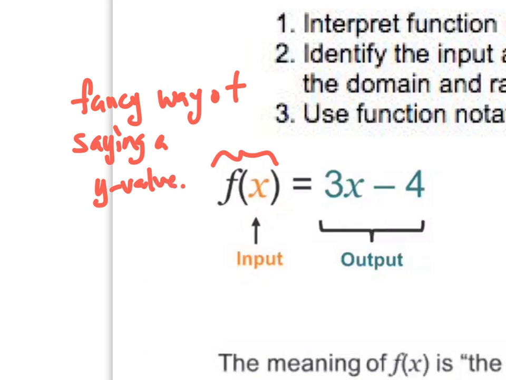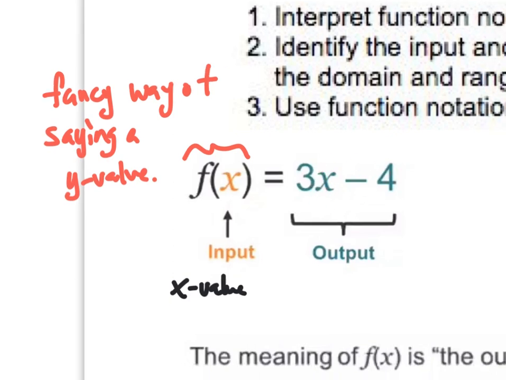But the weird thing is how they describe it. This x is your input, okay? And like what it says, this is your x value. And then the entire thing, f of x, once you plug that value into your equation and spit out a y value, the output is your y value, all right?